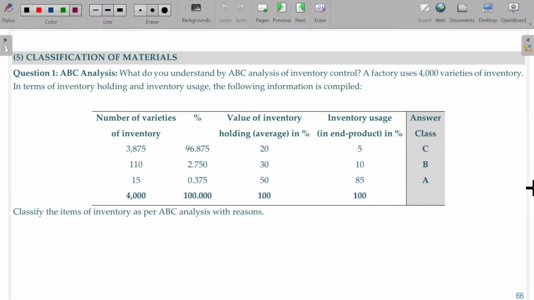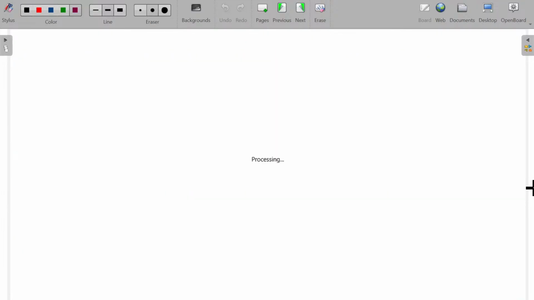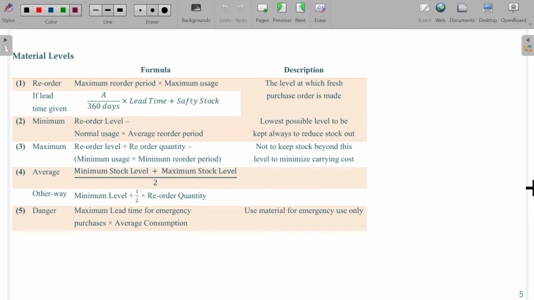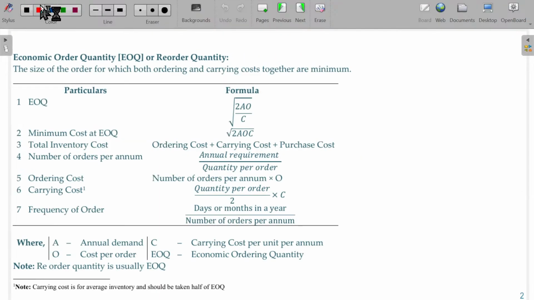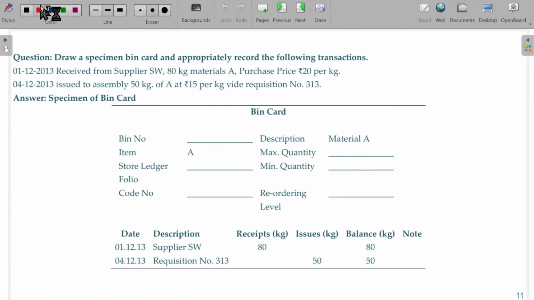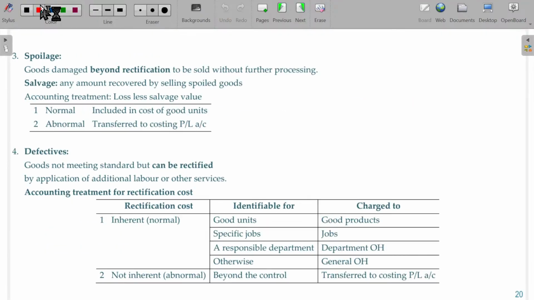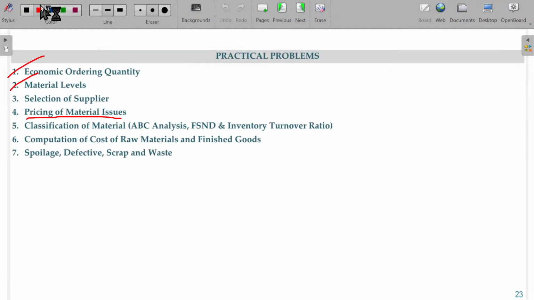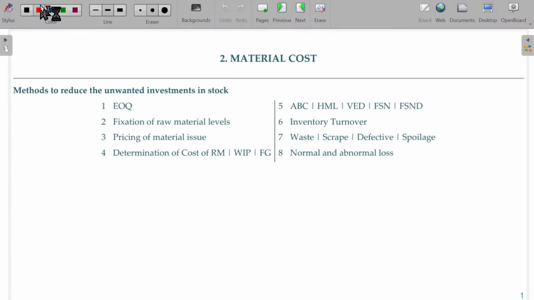Now, in labor costing, what are the things you have to study? Okay, sorry, material costing.